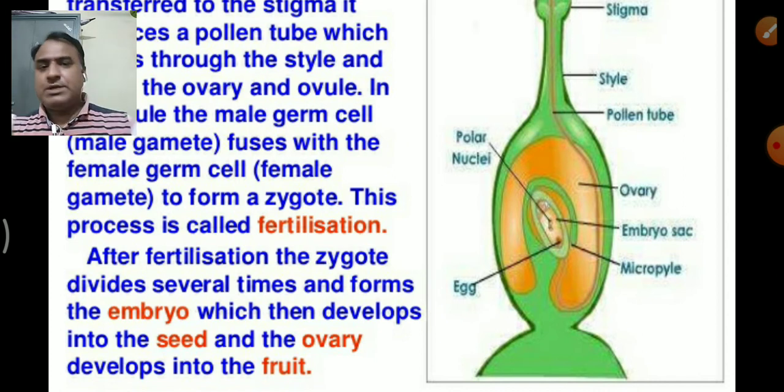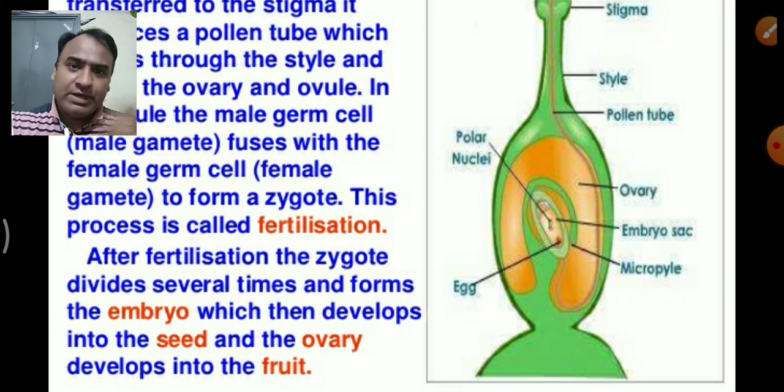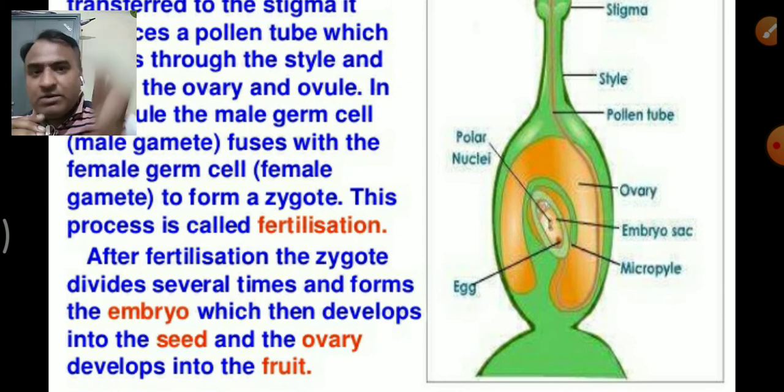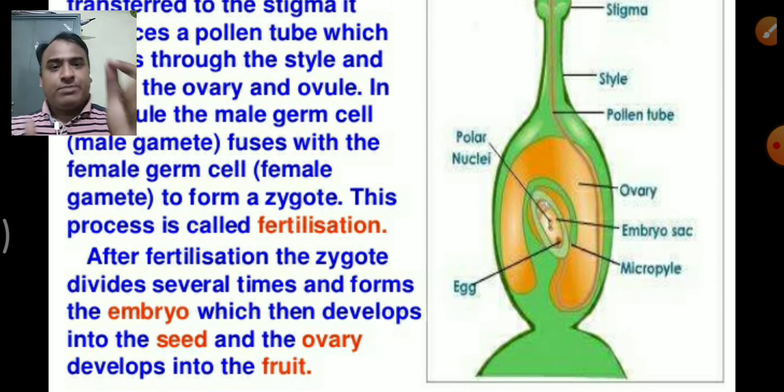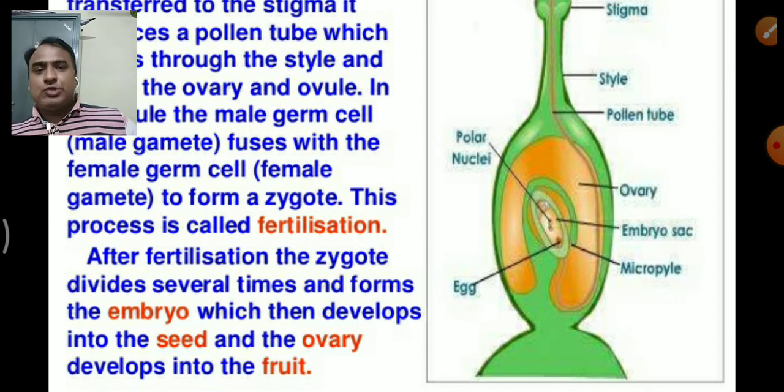Inside the ovule there are a number of cells, but we mainly focus on two types. At the center portion is the polar nuclei, and at one corner is the egg cell. The generative nucleus combines with the egg cell to form zygote, and the vegetative nucleus combines with the polar nuclei and forms endosperm. Endosperm provides nourishment to the developing zygote.